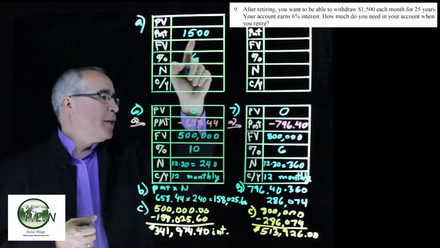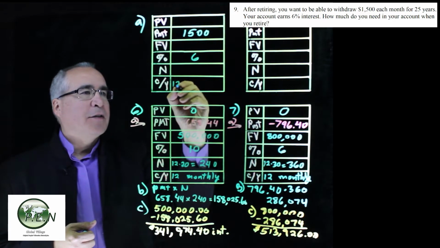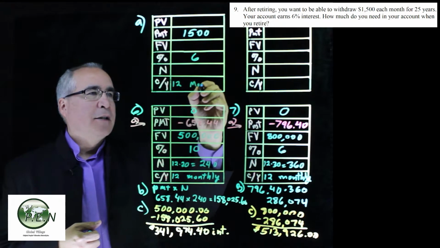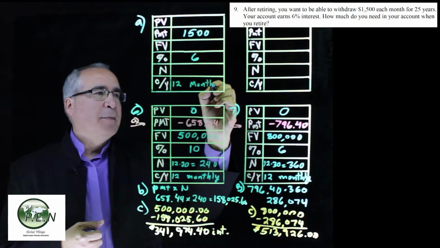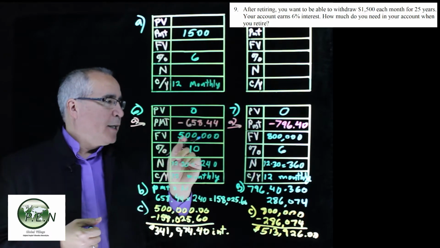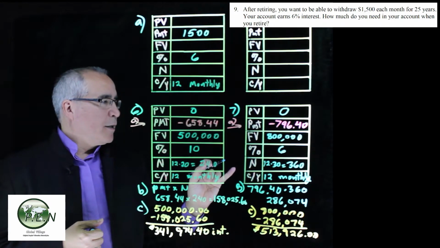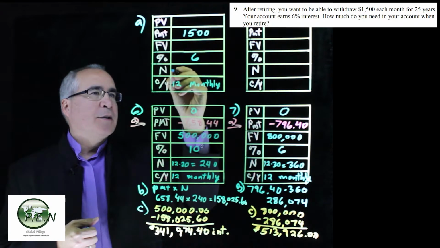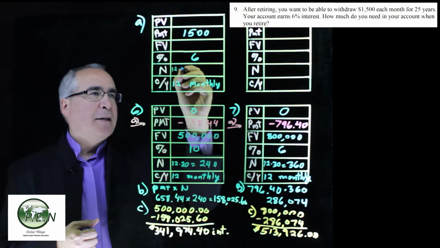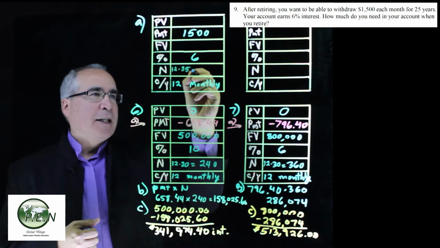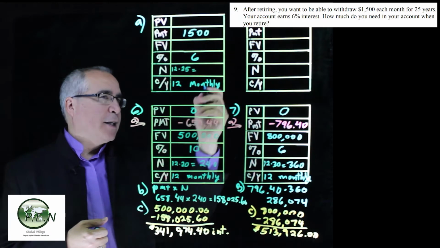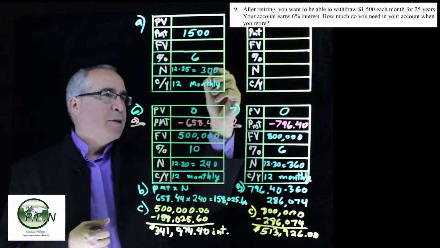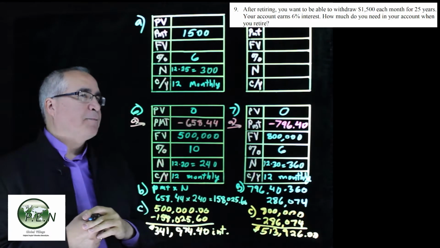So again, we want $1,500 each month, so that helps us here. We know the compounding has to be monthly. We want to be able to take this money out for 25 years, so we're going to take 12 times 25 to get how many months are required here. So that's 300 monthly withdrawals of $1,500.